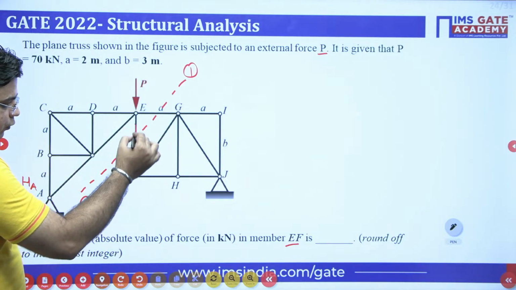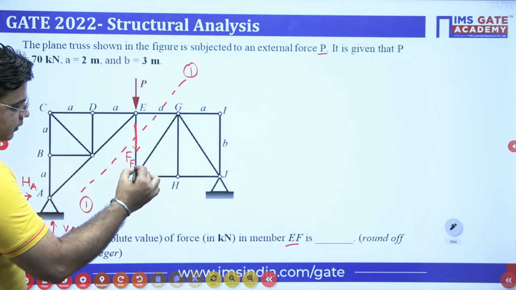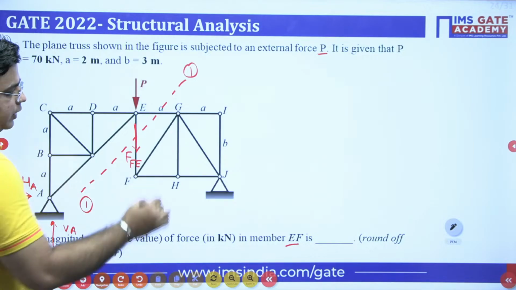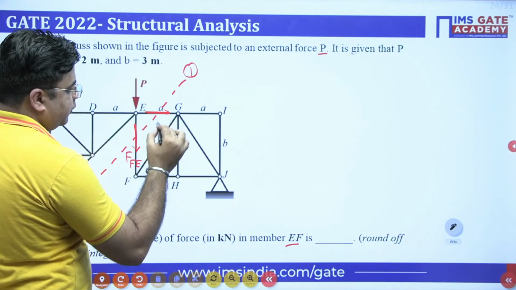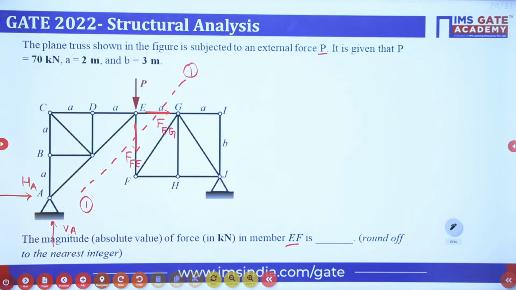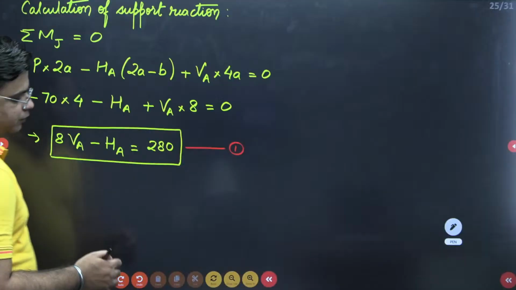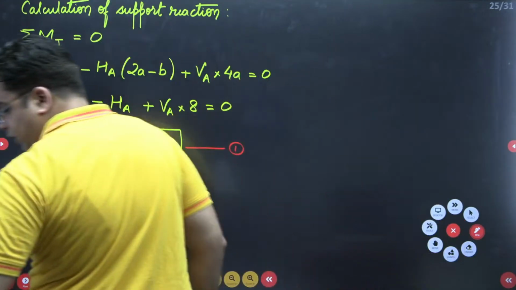This is FE, force in the member FE. And then you have this one member force, this is FEG. So I am considering left side of section 1-1.